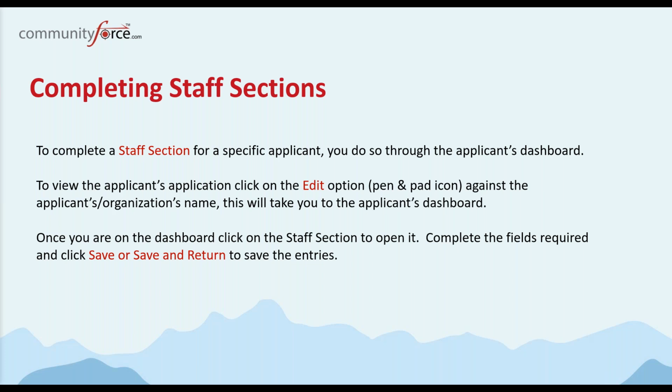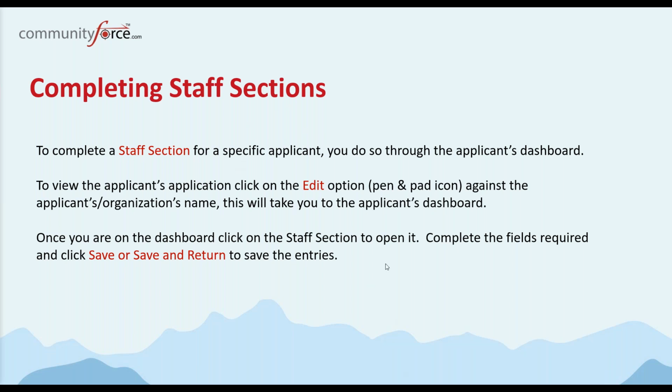These are sections where you create questions that your staff members need to answer while the applicant's applying, in regards to your awarding, when you're paying out your award money, things like that.